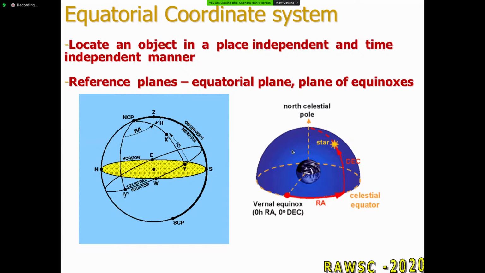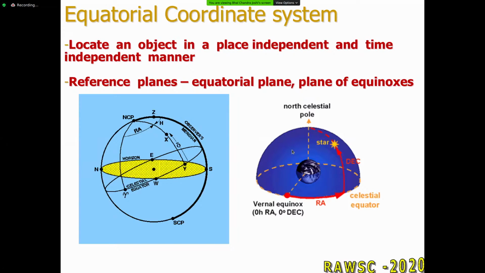Actually, I think it's when the sun, through the Earth's rotation and revolution, intersects with the east-west plane. That's what we call the vernal equinox, and that's constant all over the globe.